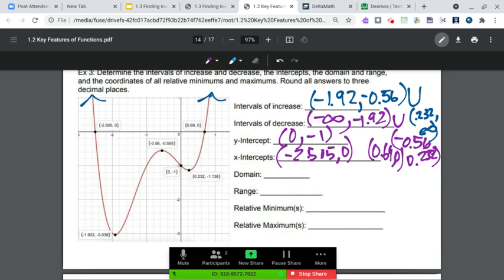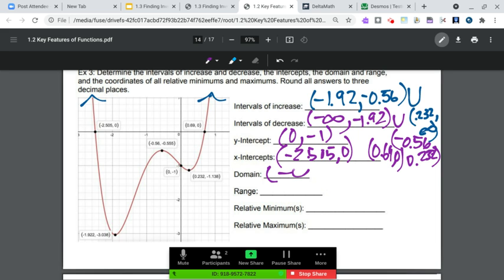Domain, x values. What would be considered your domain for this function? Would it be negative 2.505? Okay, remember, see how it's going up on both ends? So that means where are you essentially coming from?